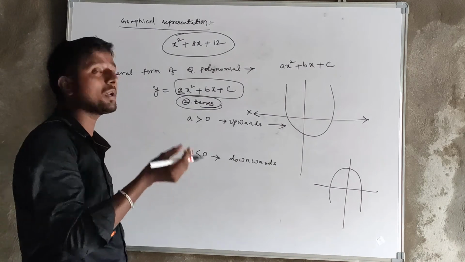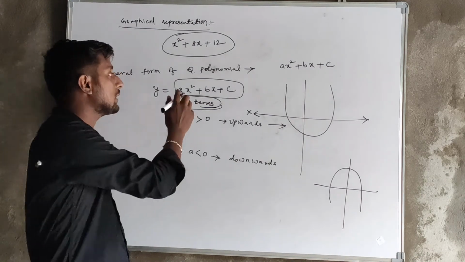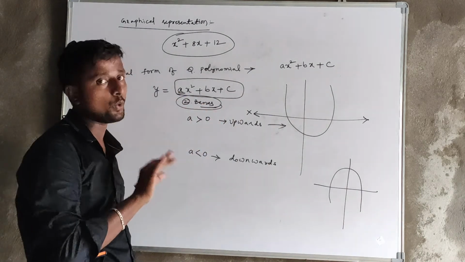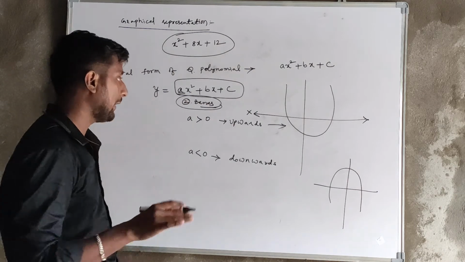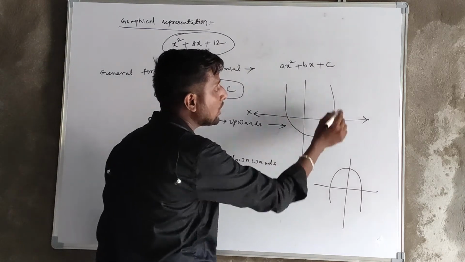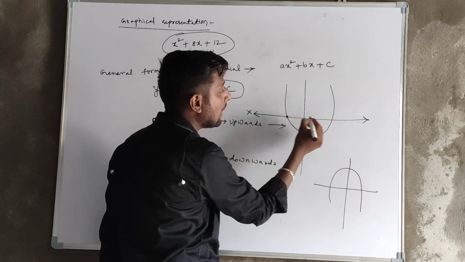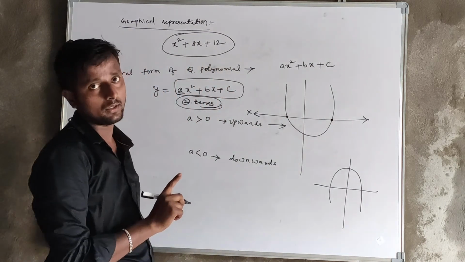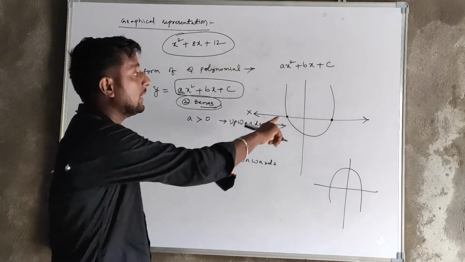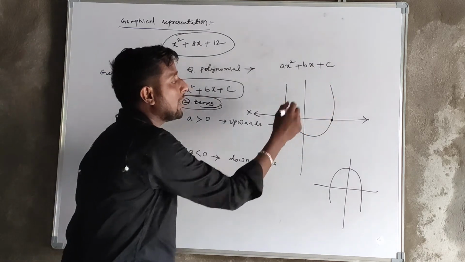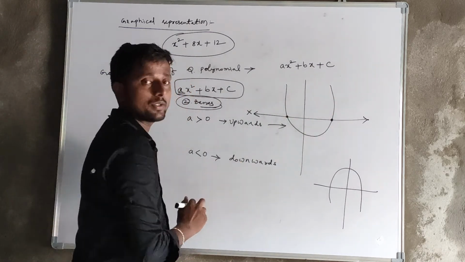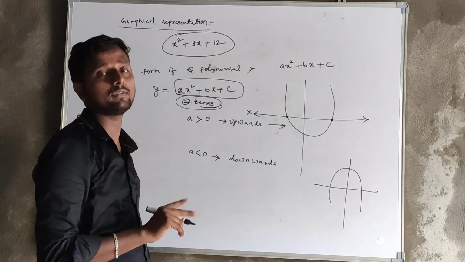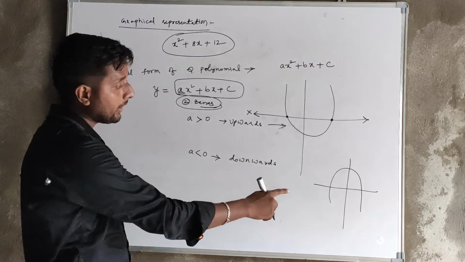Solution means if you substitute those two values, the total polynomial becomes 0. Got it? The parabola also touches the x-axis at two different points. So in the diagram, this quadratic polynomial has two solutions, two zeros of the polynomial.